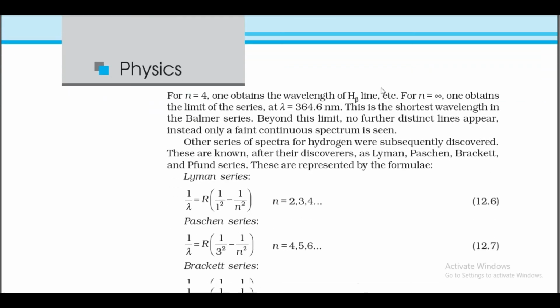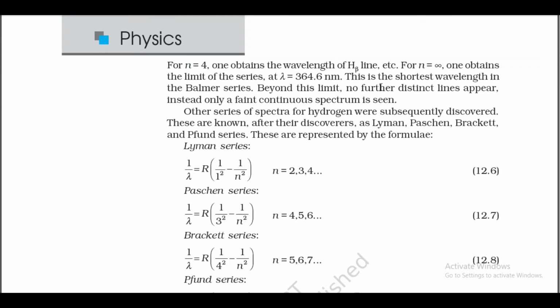These are represented by the formula. Lyman series: 1 by lambda is equal to R into 1 by 1 square minus 1 by n square, n is equal to 2, 3, 4. Paschen series: 1 by lambda is equal to R into 1 by 3 square minus 1 by n square, n is equal to 4, 5, 6.